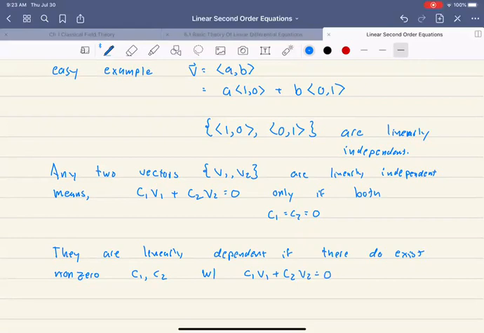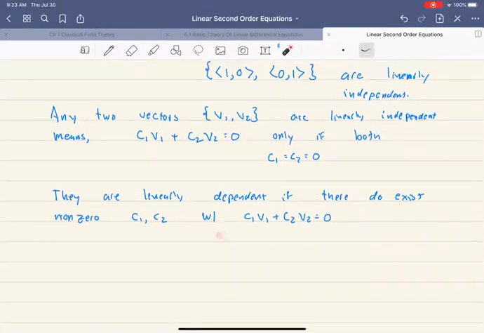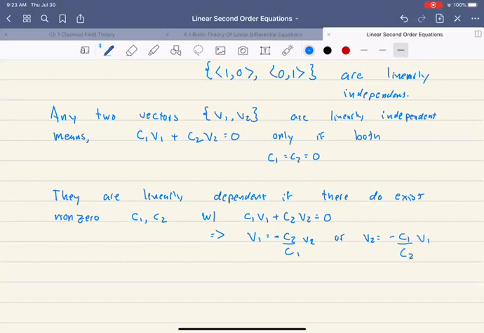So now in this case where they're linearly dependent, that means that one of them is a multiple of another. So V1 equals negative C2 over C1 V2, or we could say V2 equals negative C1 over C2 V1. So one of them is a multiple of another.